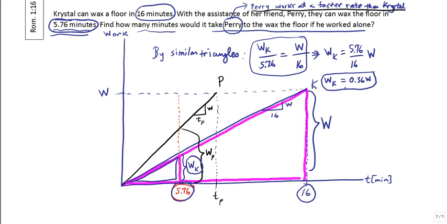And so from here, we can find out that the work that it took Perry has to be the difference. If it took Krystal 36%, then Perry was obviously doing the balance of that, which is 64%.